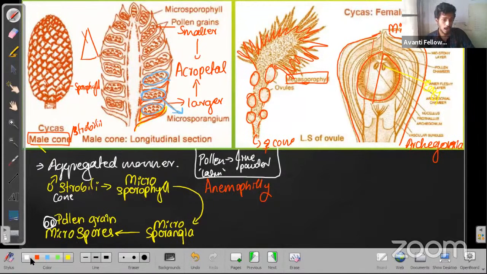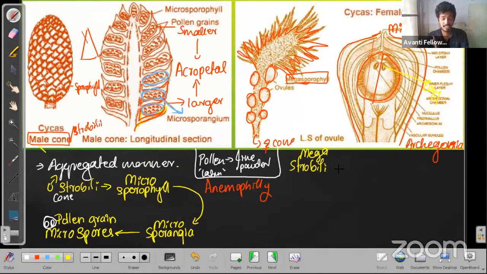So how will it be then? We will write those things down. Strobili is there. How can I call this? I can call this the megastrobili because it's comparatively larger when compared to the microstrobili. When compared to sperm, the ovule is larger, so we call it the megastrobili.